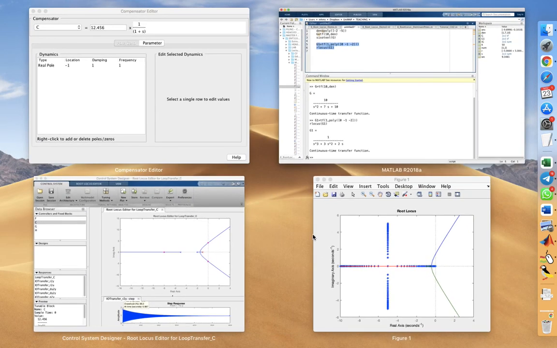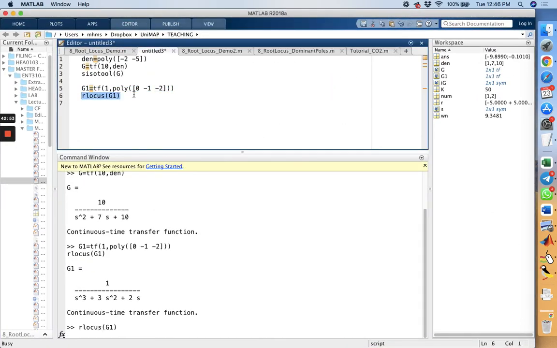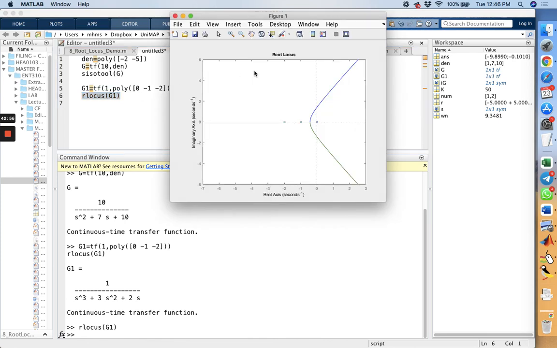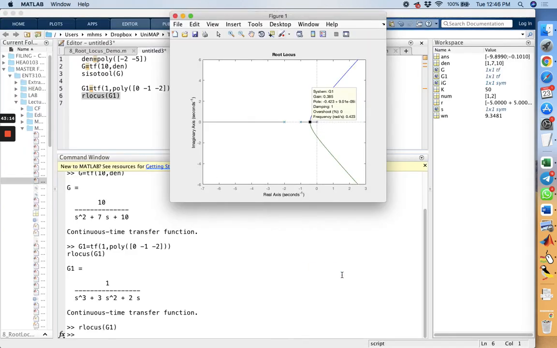So we can find that the breakaway point is valid at negative 0.4. We have negative 0.4 here, and this is valid. And we have another one at negative 1.5, which is located here.